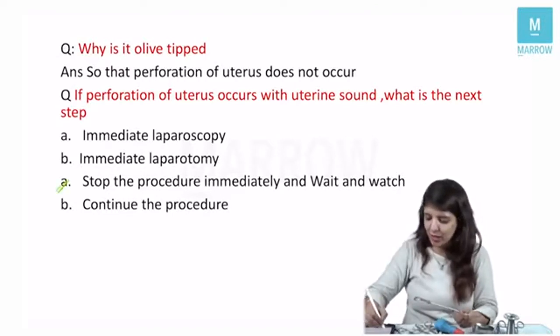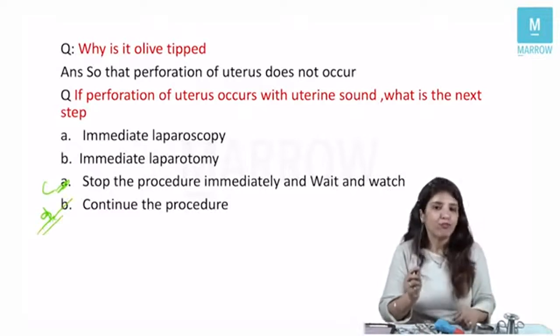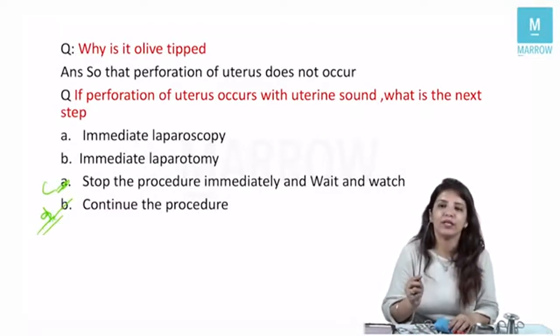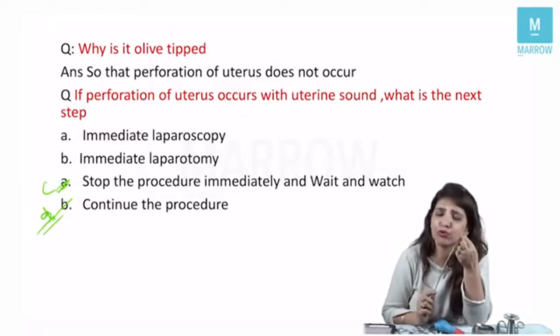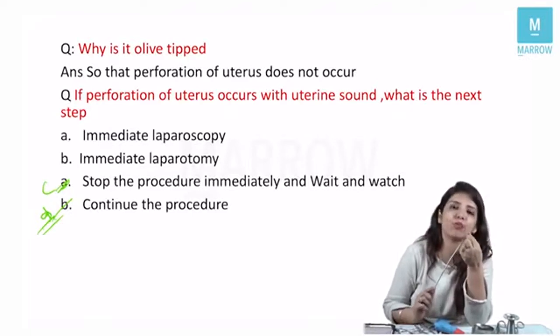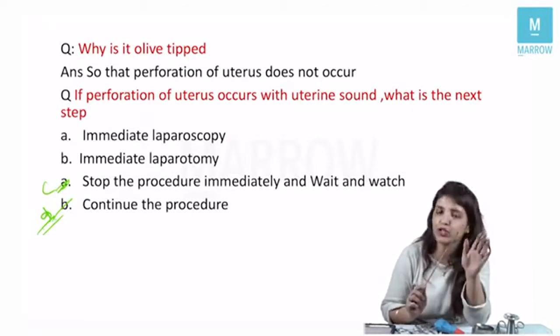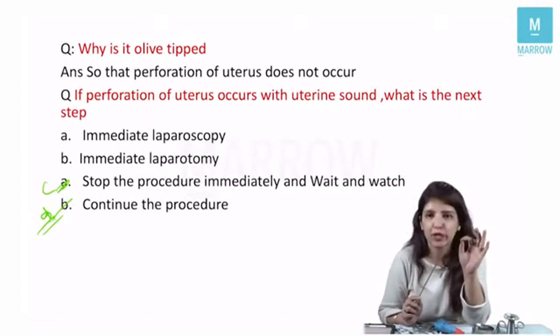So it is not A, B, it's C and D, right? If perforation is happening with an instrument which is as narrow as a uterine sound, you don't need to do a laparotomy, no laparoscopy, just stop the procedure and wait and watch. You have to look at the vitals of the patient, right?